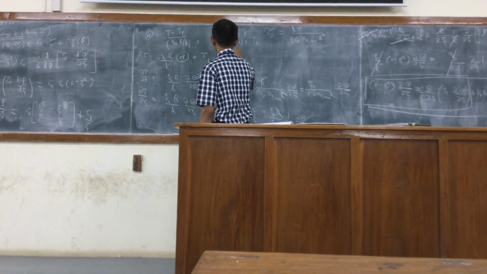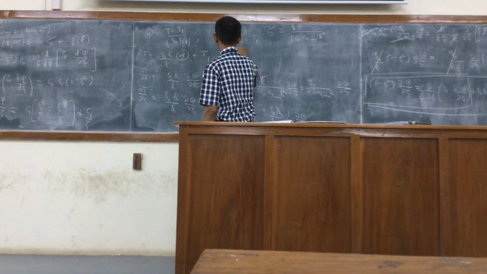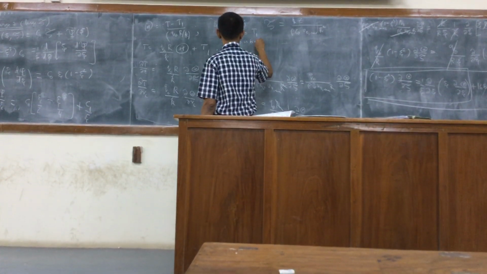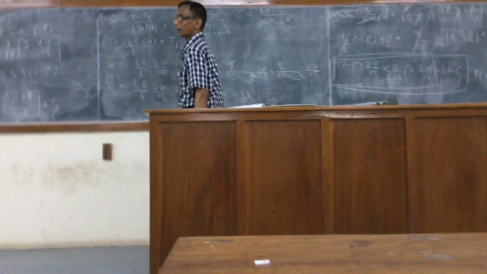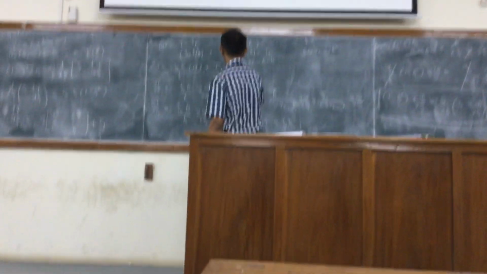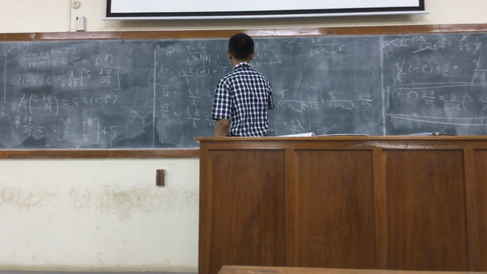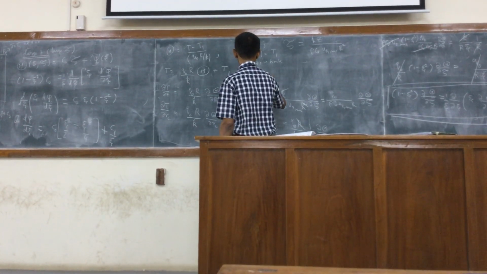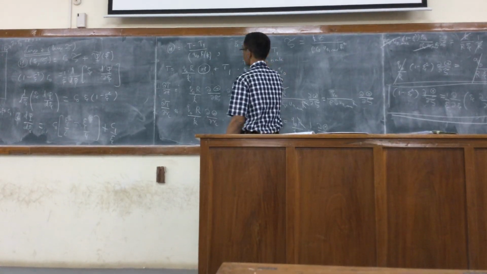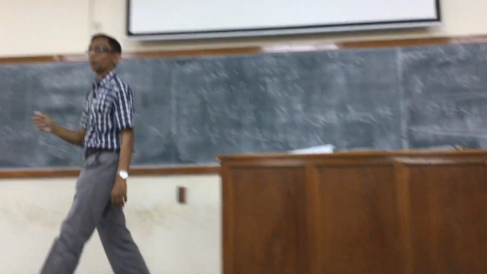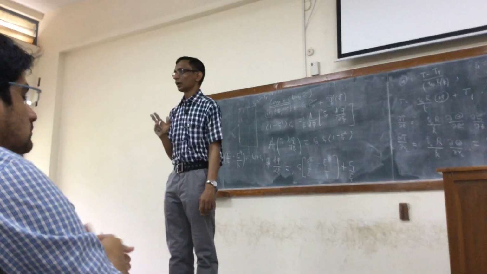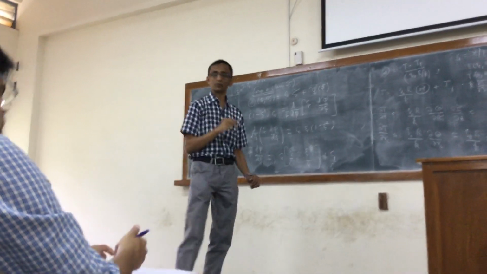T finite at r equal to 0, and then we get that k dT by dr_c at r_c equal to R is q naught. Now these boundary conditions are independent of the particular special solution I'm considering. It will not satisfy one of these conditions.